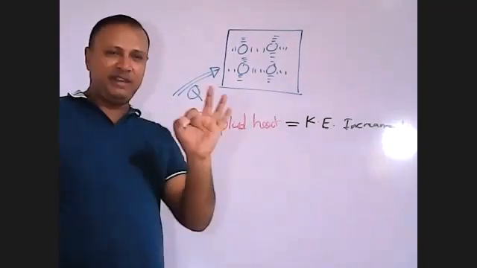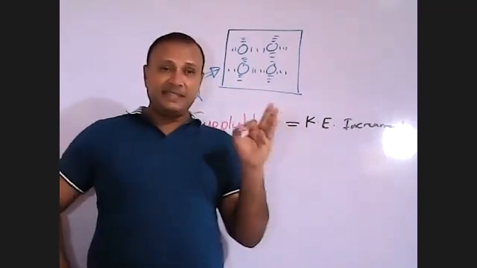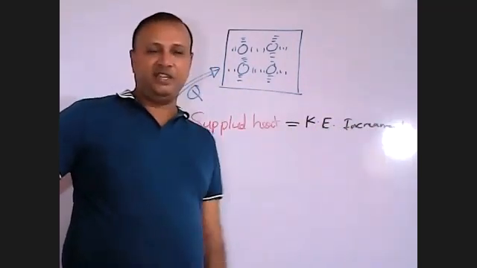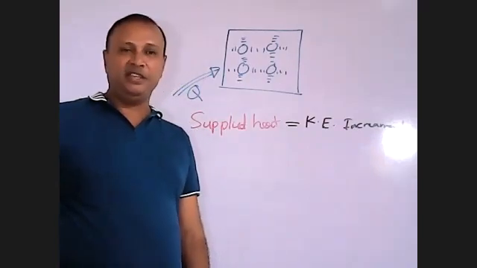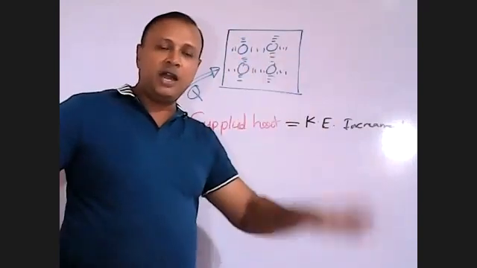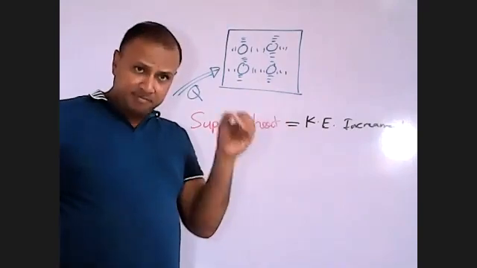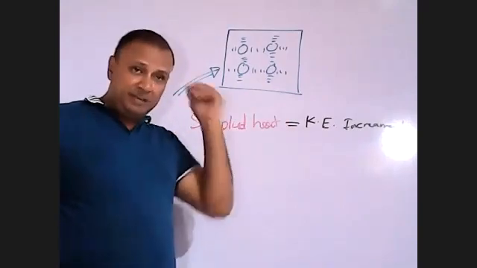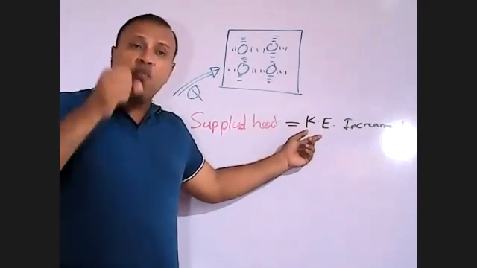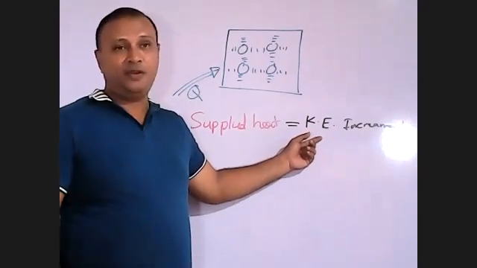So temperature is a sensation, and it depends on the kinetic energy. When kinetic energy increases, temperature also increases. When kinetic energy goes down, temperature goes down. When the kinetic energy increases, we can feel it by the temperature of that object.